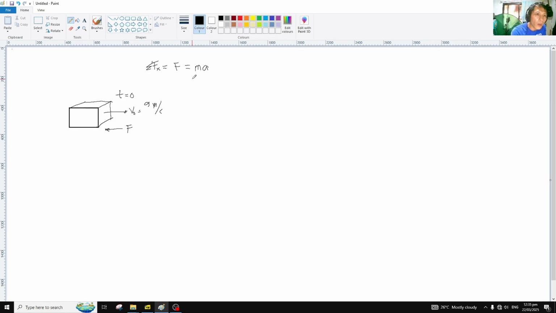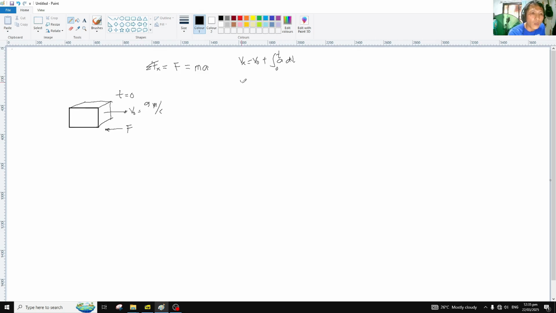So we go to the equations for non-constant acceleration. The first one is Vx equals V0 plus the integral of ax dt from 0 to t.